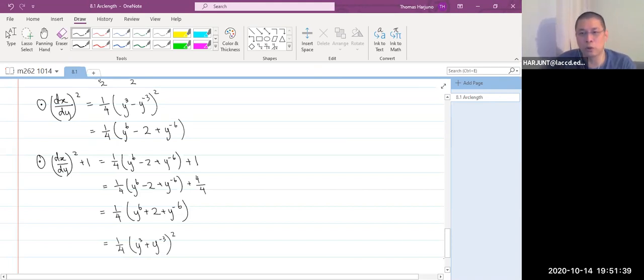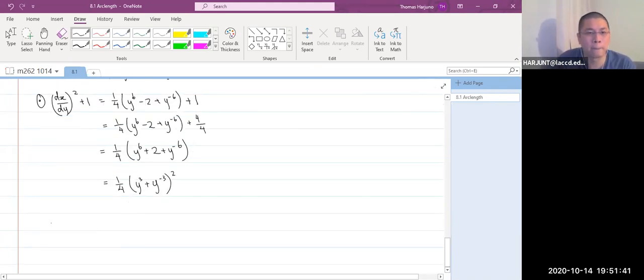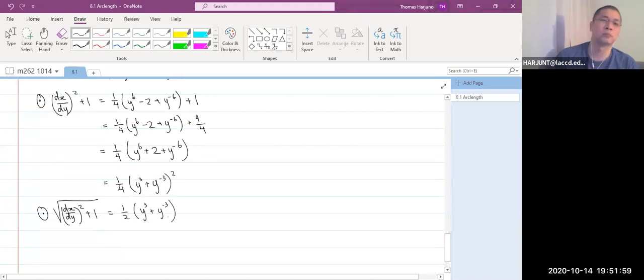Now the square root of that ugly guy, the square root of dx dy squared plus 1, is therefore 1/2 times y cubed plus y to the negative 3.